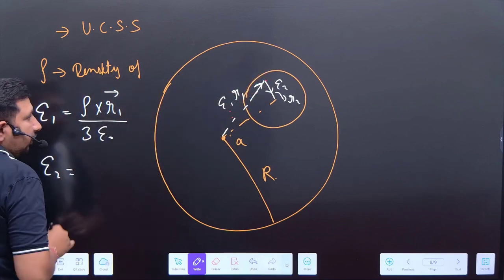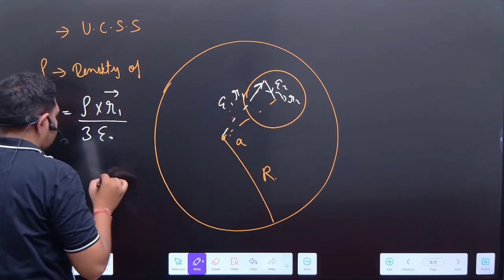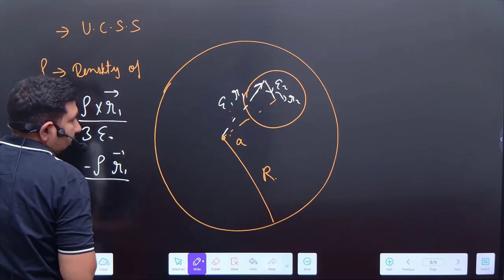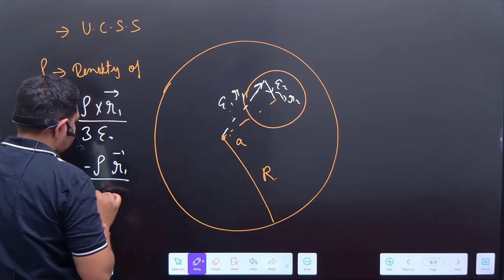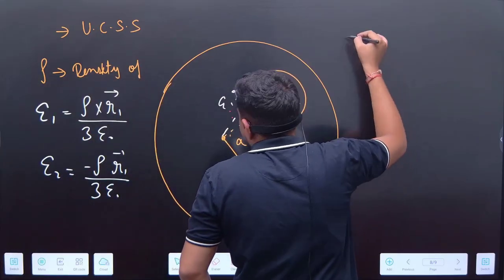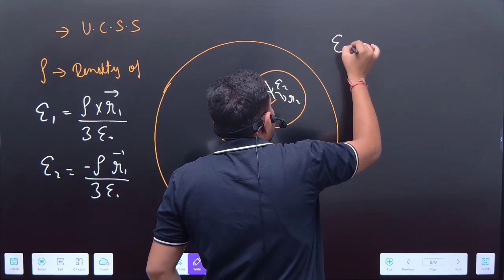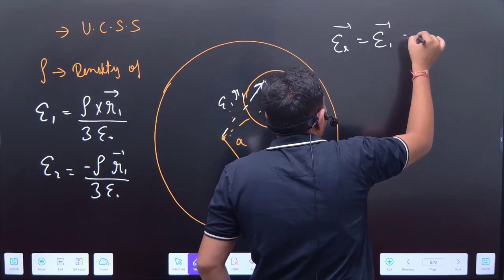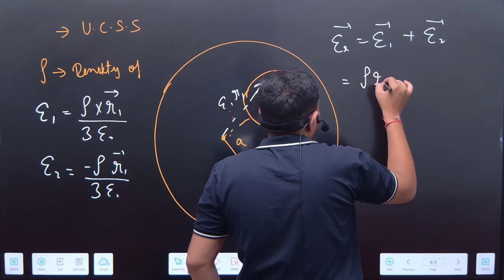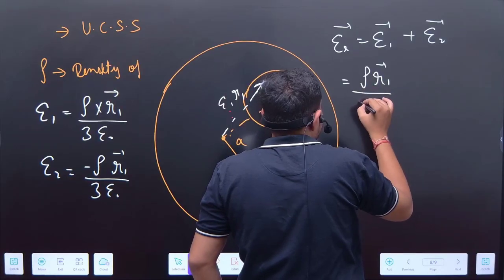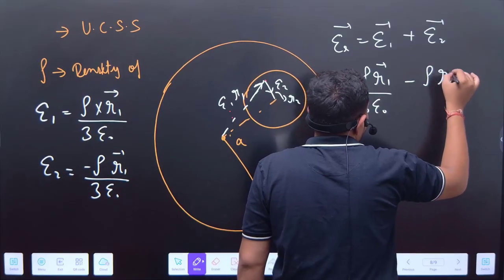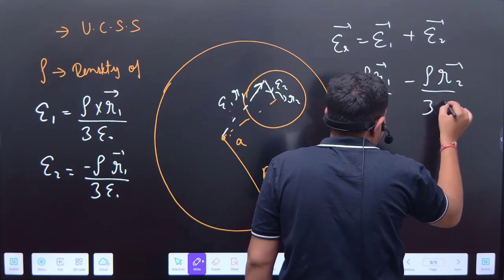And E2 is the electrical field by this negatively charged solid sphere whose density is minus rho. R1 is the distance from this center, times 3 epsilon naught. So if we add these two electrical fields, we get the resultant electrical field, E1 plus E2. So E1 will be rho R1 by 3 epsilon naught, and E2 will be minus rho R2 by 3 epsilon naught.